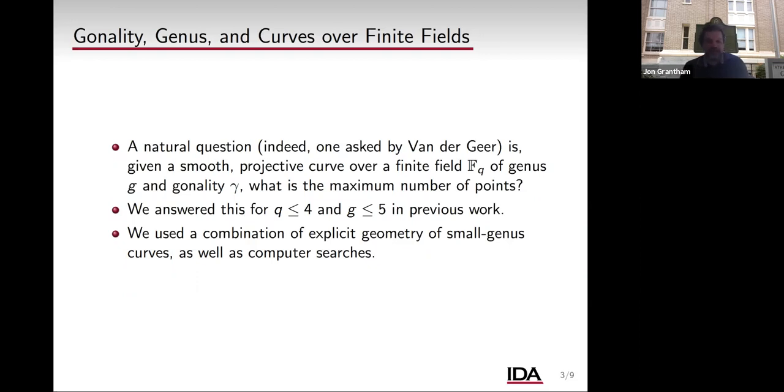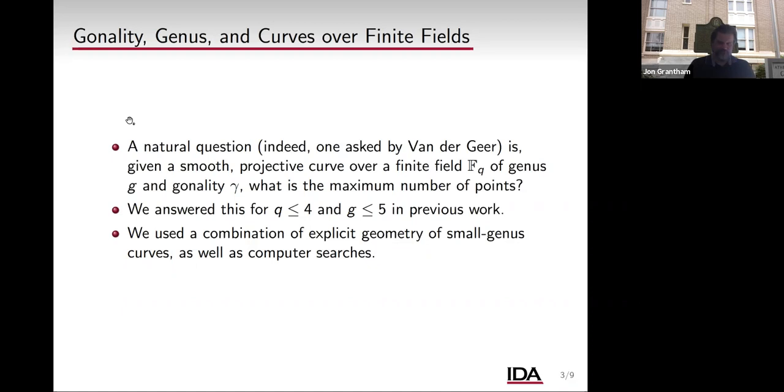Anyway, that work used, in some cases, things about the geometry of the curve, like, okay, here's an example and here's why you can't have any more points. Or we would narrow it down, like a curve would have to look like such and such, and then because of the small size of the field, you're able to exhaust over all possible curves to find the maximum.